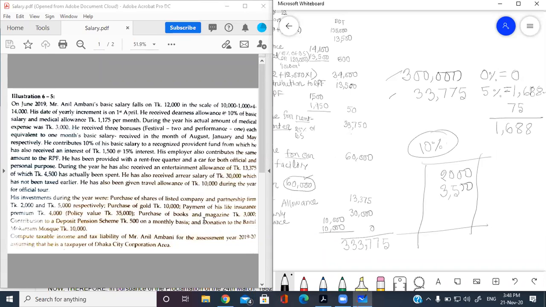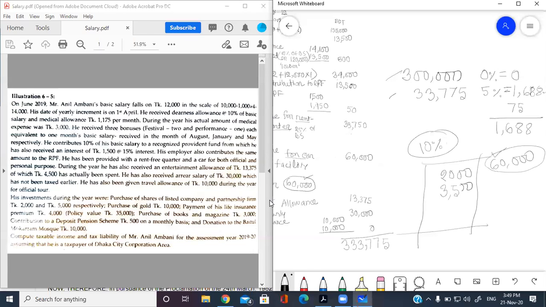So you need to keep it in your mind. The rule is that contribution in DPS cannot exceed 60,000 in a year. For tax investment tax rebate purpose, maximum 60,000 taka contribution to DPS is allowed. Any amount beyond this is not allowed.